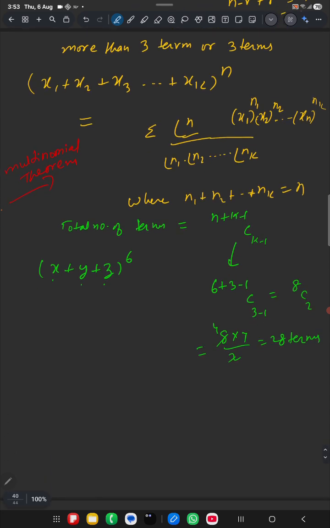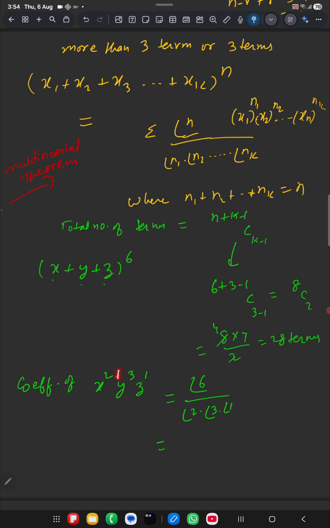If somebody asks for the coefficient of x^2 y^3 z^1 in the same problem, what you will do is factorial 6 divided by factorial 2, factorial 3 into factorial 1. This will be the coefficient. Remember that the addition of all these powers should result in 6.